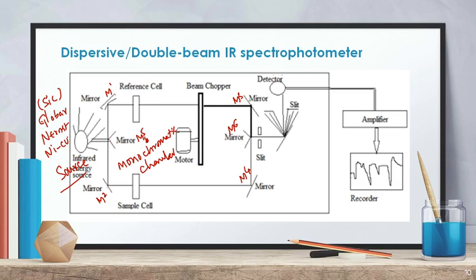Now these mirrors can disperse the radiation into two different beams with equal intensity. If I is the intensity, it has to be dispersed into two beams of equal intensity. One beam is passed towards the reference cell; this beam is known as the reference beam.